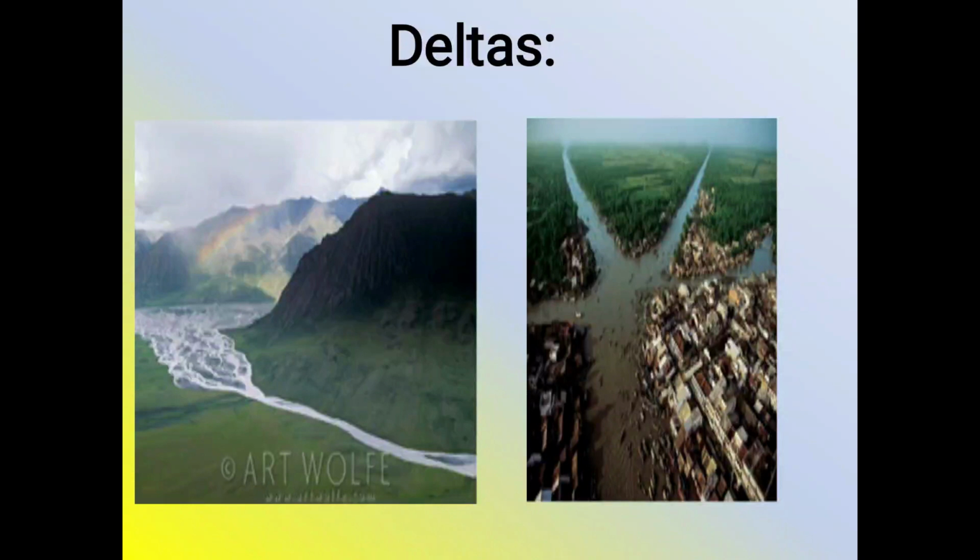Third, the Cuspate Deltas. These deltas attain a pointed shape like a tooth. The river Tiber has formed this type of delta. Number four, Estuarine deltas. These deltas are formed along the mouths of the rivers that join the seas through estuaries.